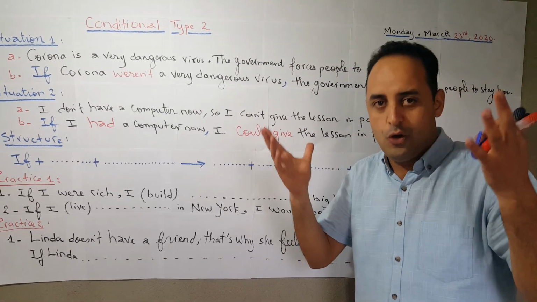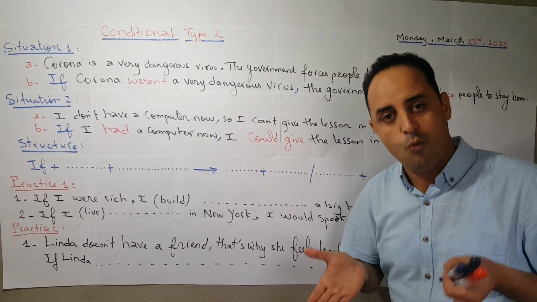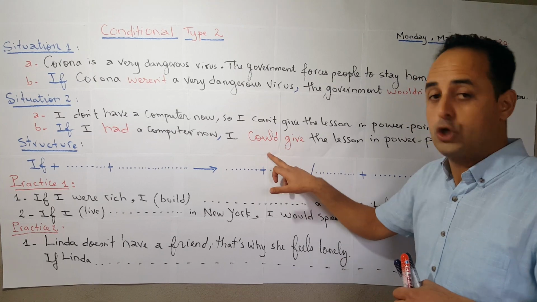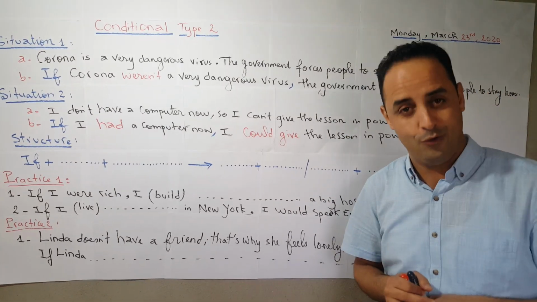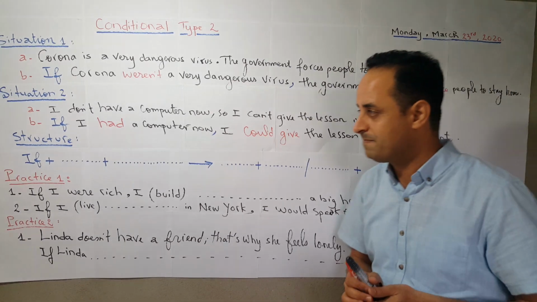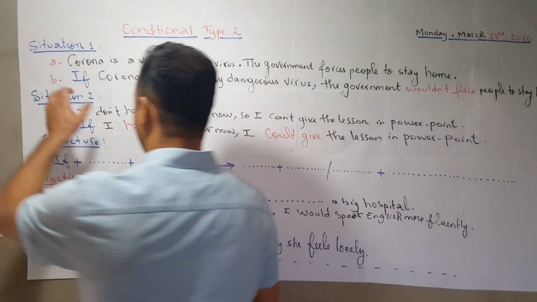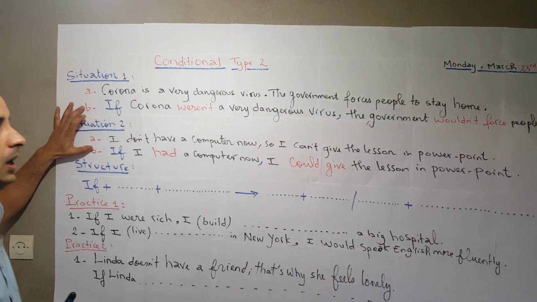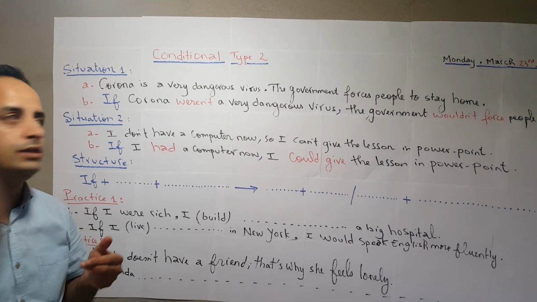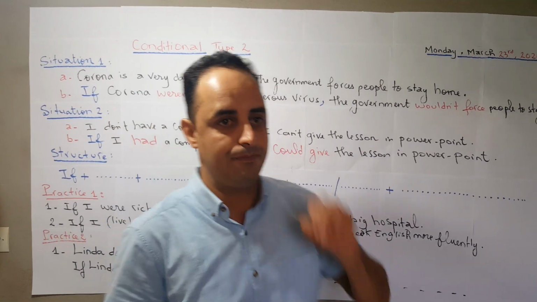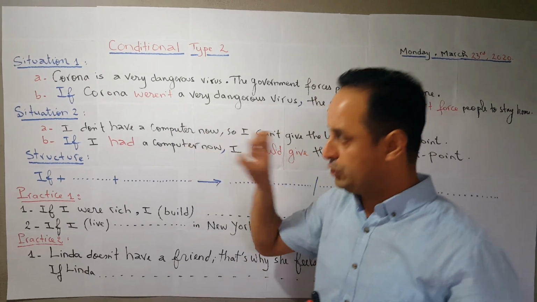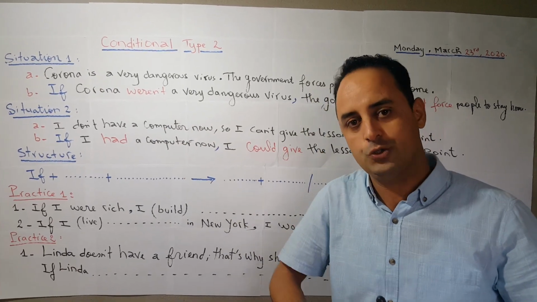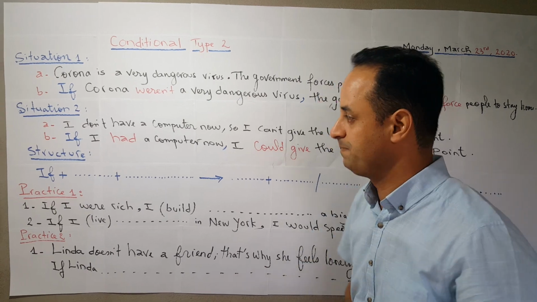I just suppose if I had a computer now, I could give the lesson in PowerPoint instead of the board. Right. Sentences B are called conditional type 2. Let's read them again and then deduce the structure we use to express conditional type 2.